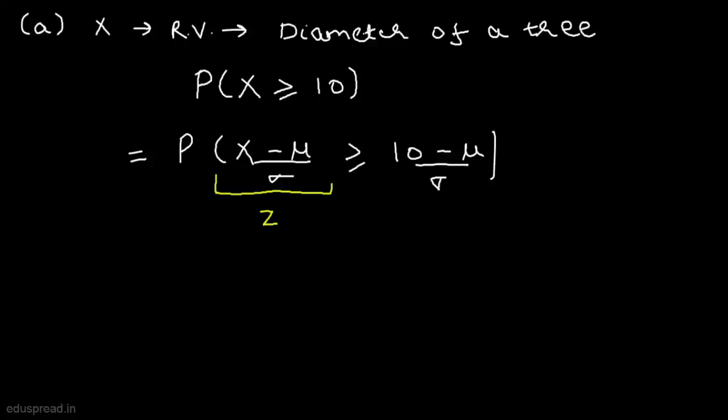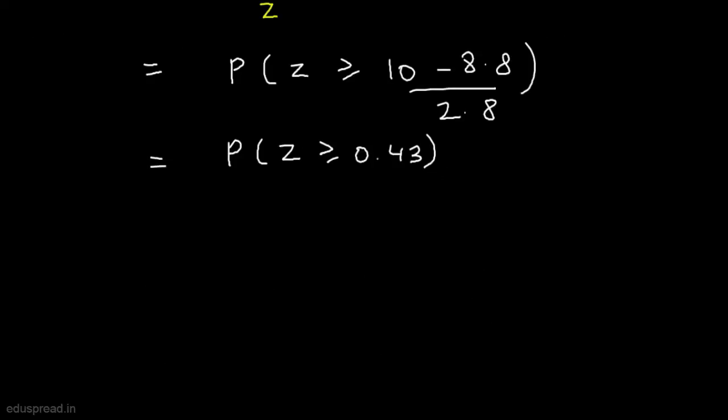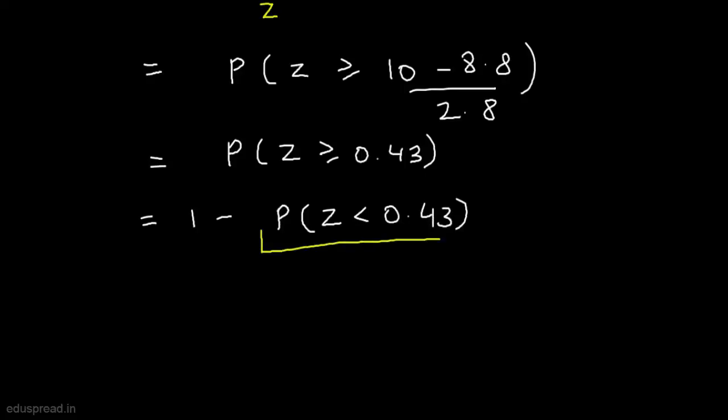So we can write that now we have to find the probability that Z is greater than or equal to (10 minus 8.8) divided by 2.8, and this is equal to the probability that Z is greater than or equal to 0.43. Now using the complement rule, we can write that this probability is equal to 1 minus the probability that Z is less than 0.43, and we can find this value from the standard normal table.